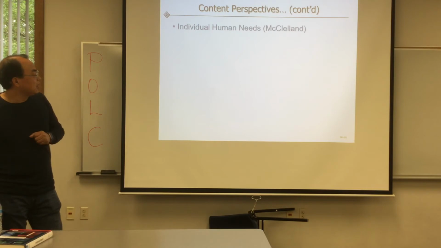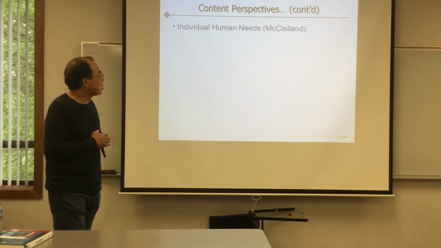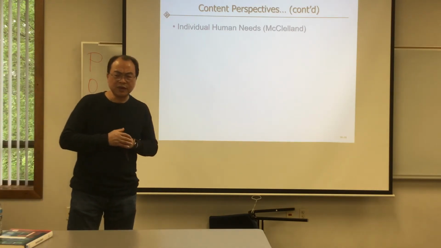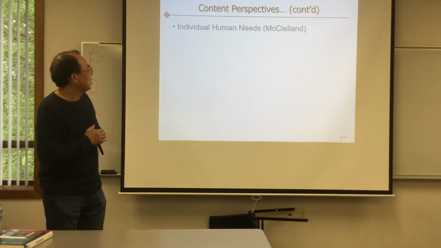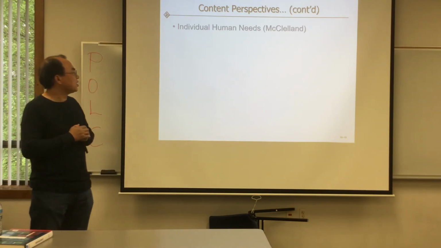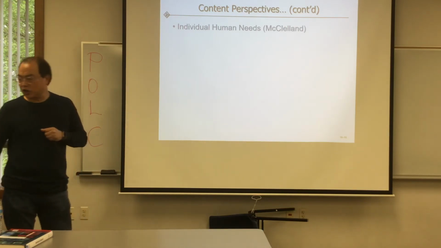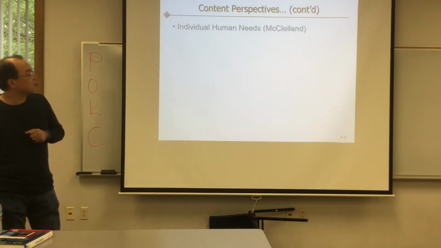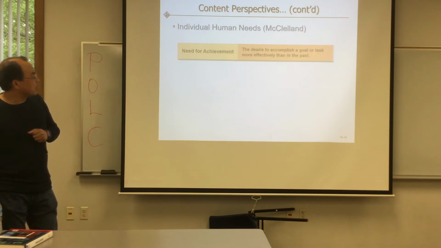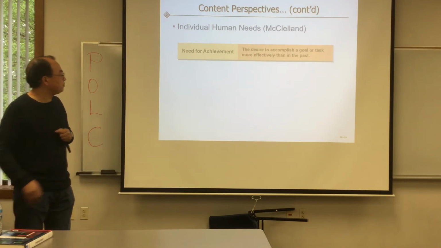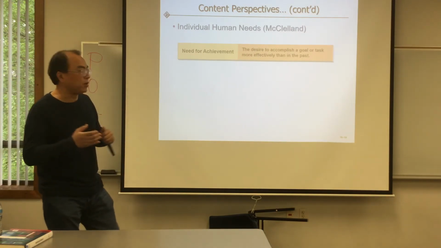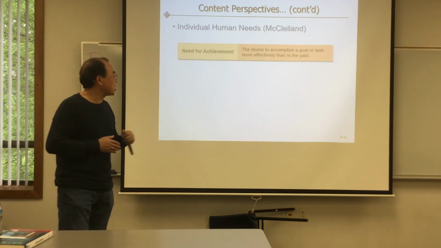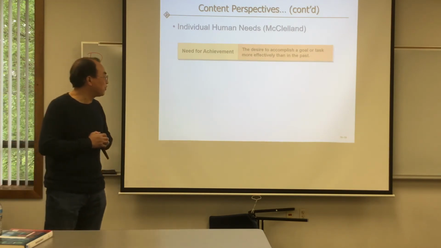Okay. Then the next one, we want to go to another scholar, McClelland. So their theory is based on individual human needs. Basically, he talked about the first one: the need for achievement, the desire to accomplish a goal or task more effectively than in the past.